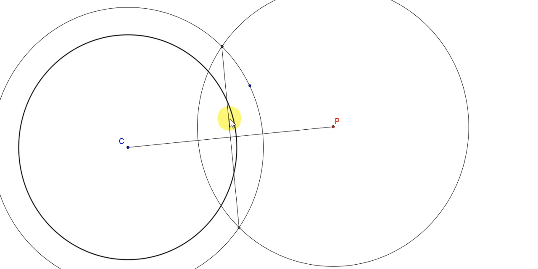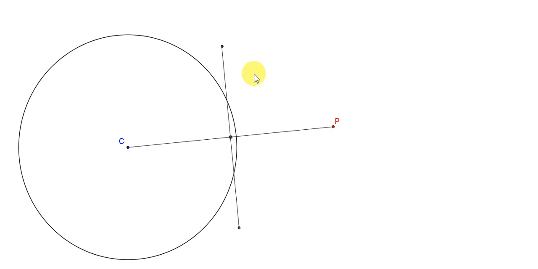Now, we're not interested in the perpendicular bisector, we're interested in just the midpoint of this line. That's the point of intersection of the perpendicular bisector and the line joining the centres of these circles. So now we've got the midpoint. Next, we draw a circle centered at this point and whose radius is half the length of this line.